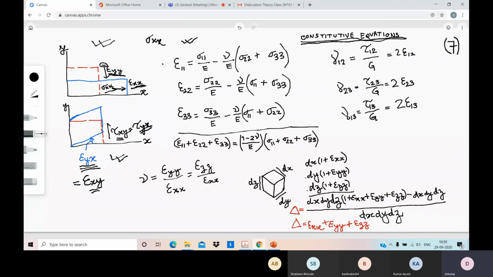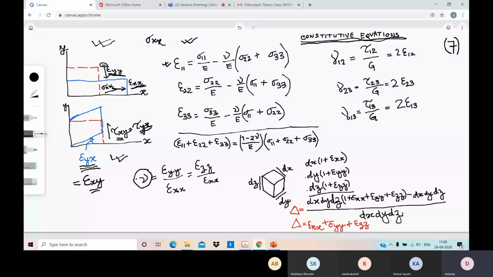You can see the first expression: epsilon 11 equals sigma 11 by E minus nu by E times (sigma 22 plus sigma 33). What is nu? Nu is the Poisson's ratio. Poisson's ratio is the ratio between transverse strain and longitudinal strain.